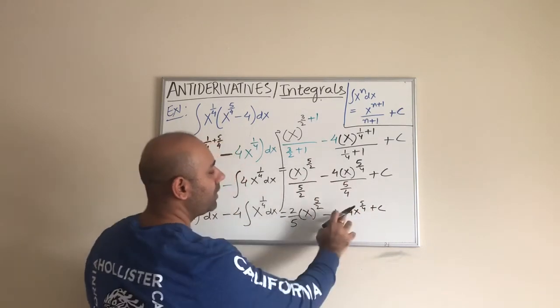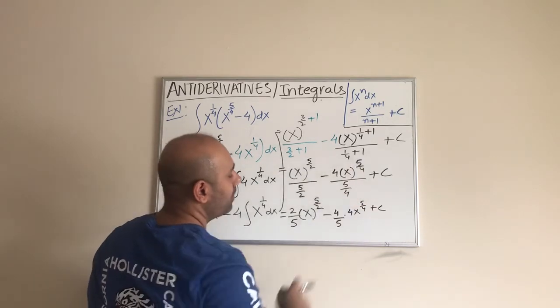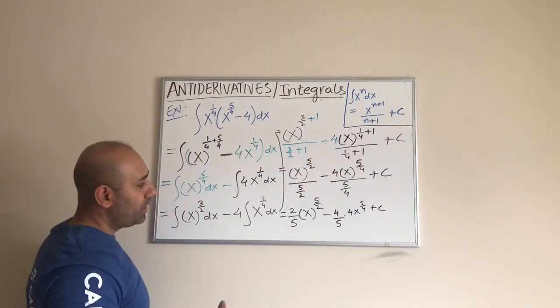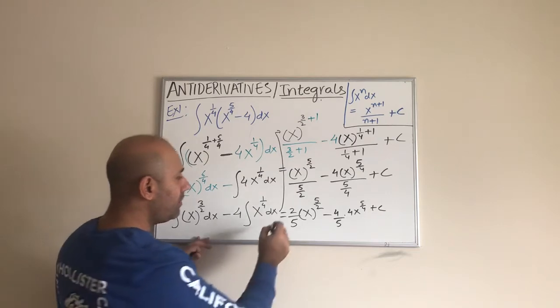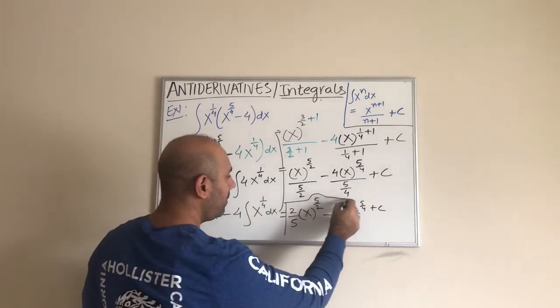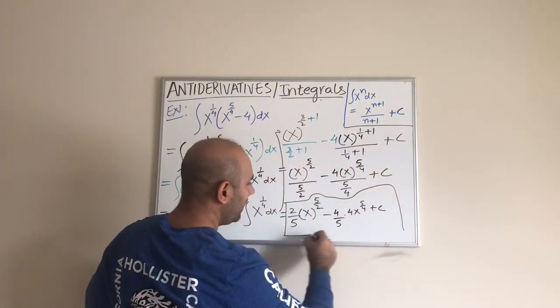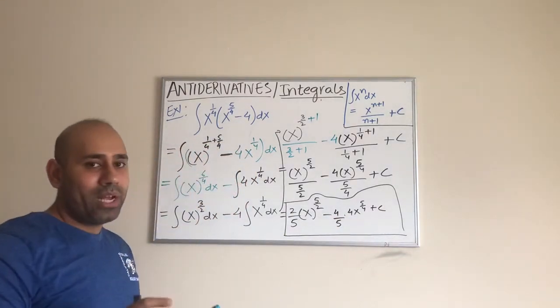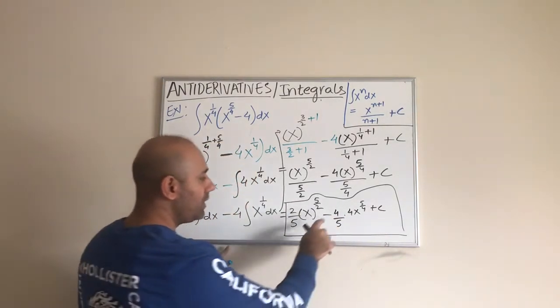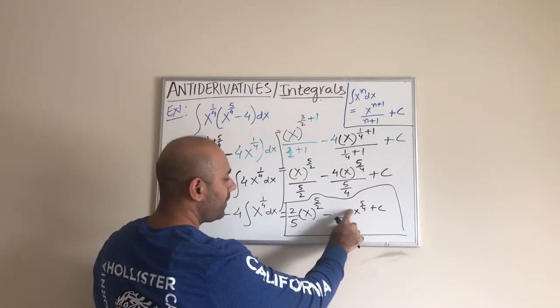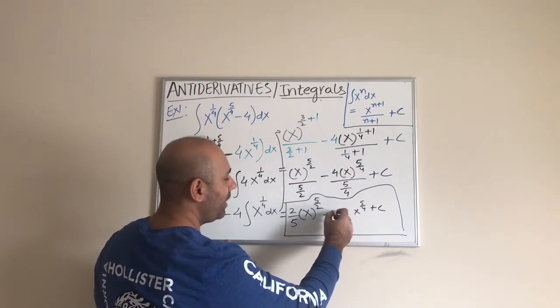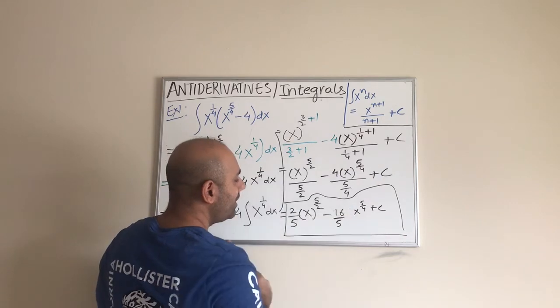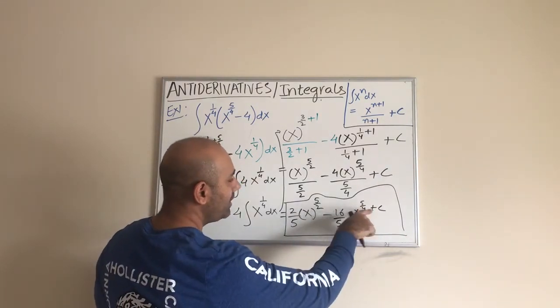There's already that 4, that's this 4, and then this flips to 4/5. Okay, so we're almost done. This term is already in the simplified form, except there's one thing that we can do here, which is 4 times 4, and we have to simplify that. So 4 times 4 is 16. You should actually write it in the next step. I don't have room here, that's why I'm just doing it right there. 16 over 5, and then there is this, and then plus c.